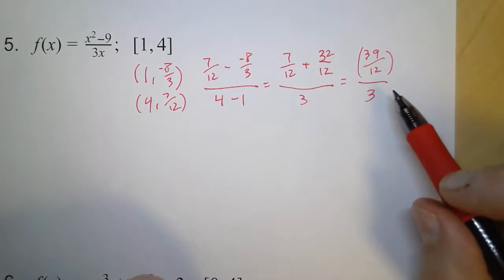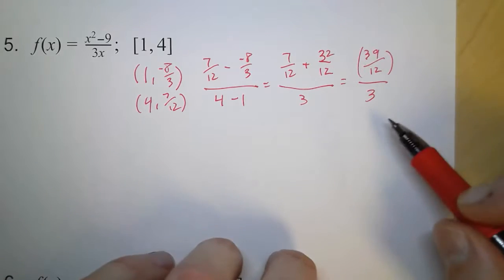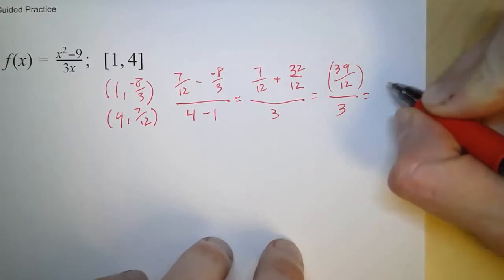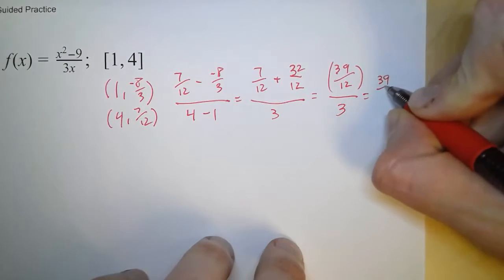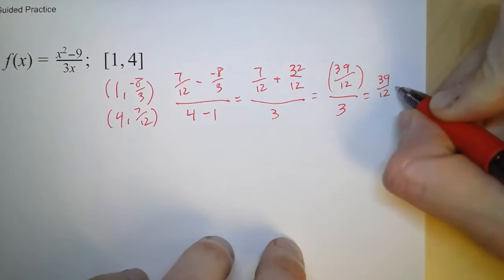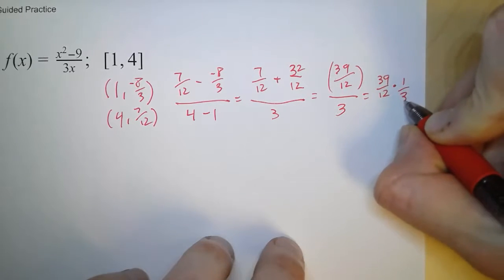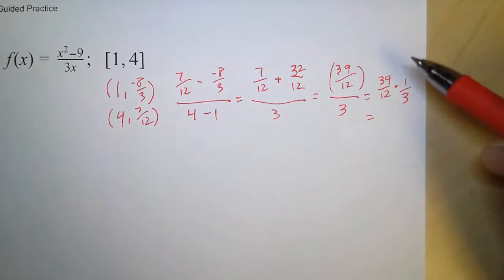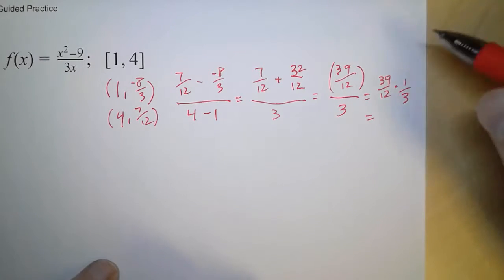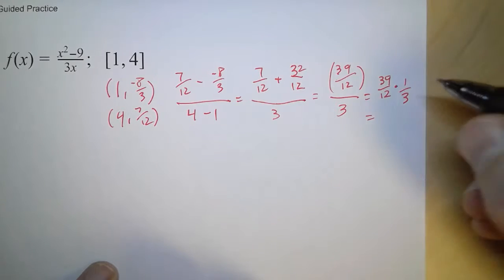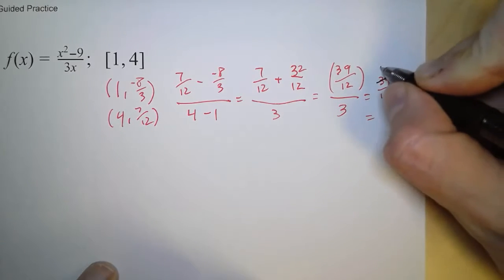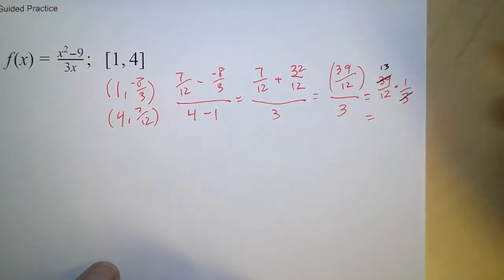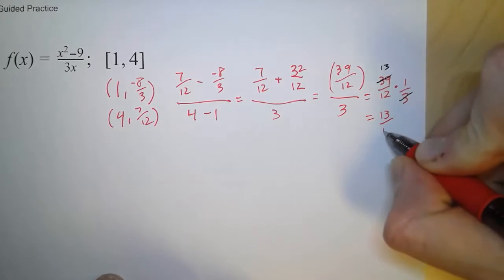Now one trick that I often use is, instead of dividing fractions, we take 39/12 and instead of dividing by 3, we multiply by 1/3. And what that allows us to do is see that, hey, 39 and 3, we can cancel out a common factor, leaving 13. So our secant slope is 13/12.